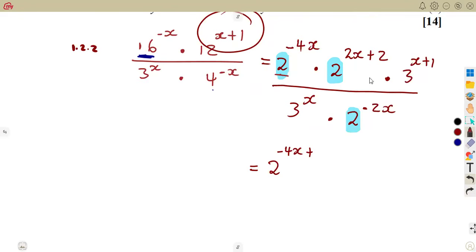On the numerator, you add because they're under multiplication. So that's plus 2x plus 2. But you're dividing. Look, there's a denominator there. When you divide, what is it you're supposed to do? You're supposed to subtract the exponents. So it was supposed to be minus 2x here, which is going to give us plus 2x. All right, so this is it about the base of 2, guys.